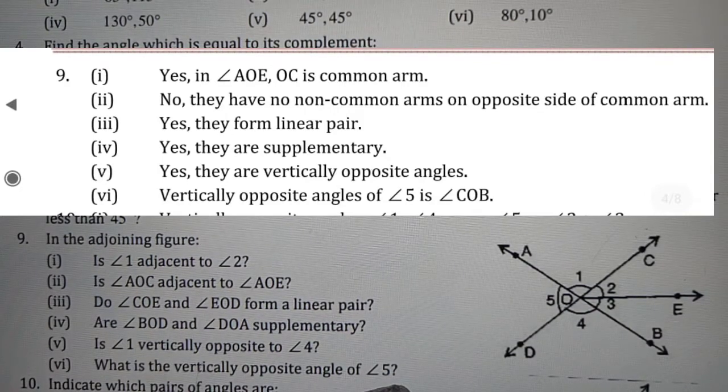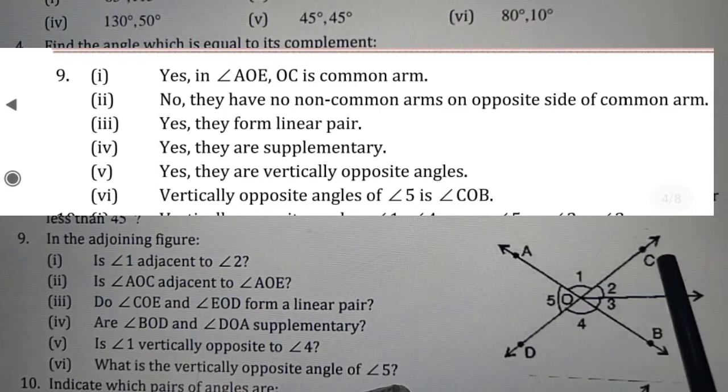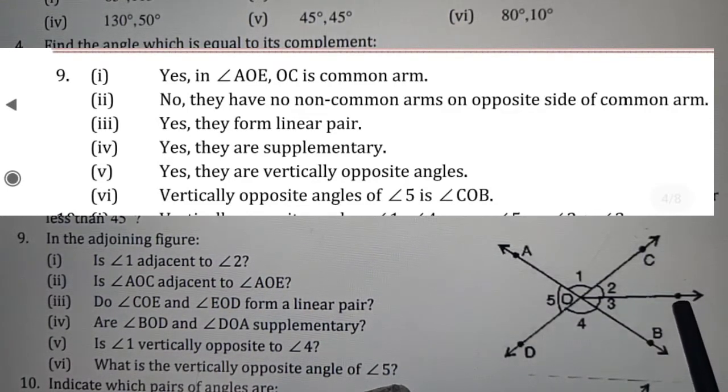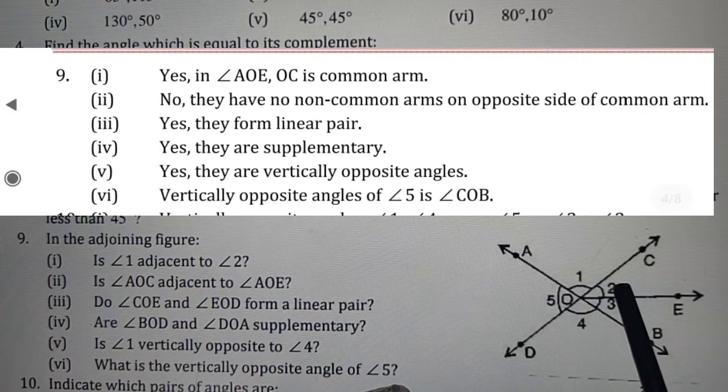Alright, next question. Do angles COE and EOD form a linear pair? Let us see. COE is angle 2. Now EOD means this complete angle, that is angle 3 plus 4, the total angle. Now what is the total sum of these angles?